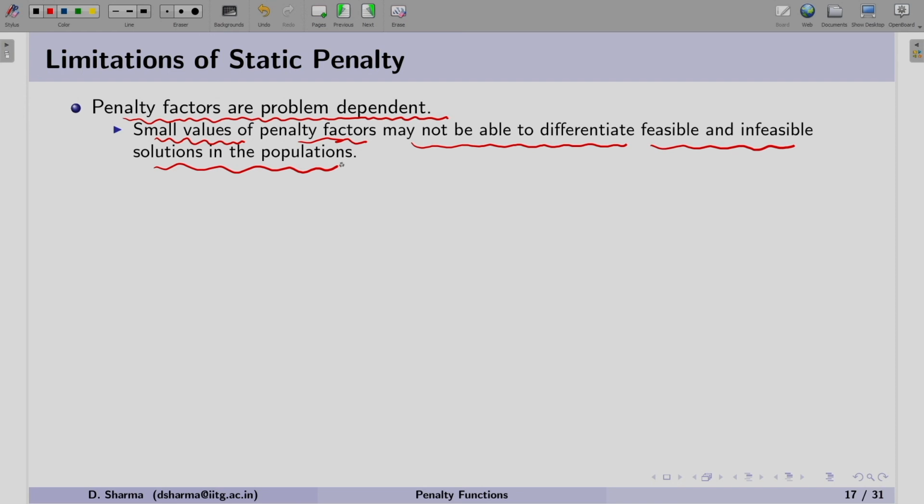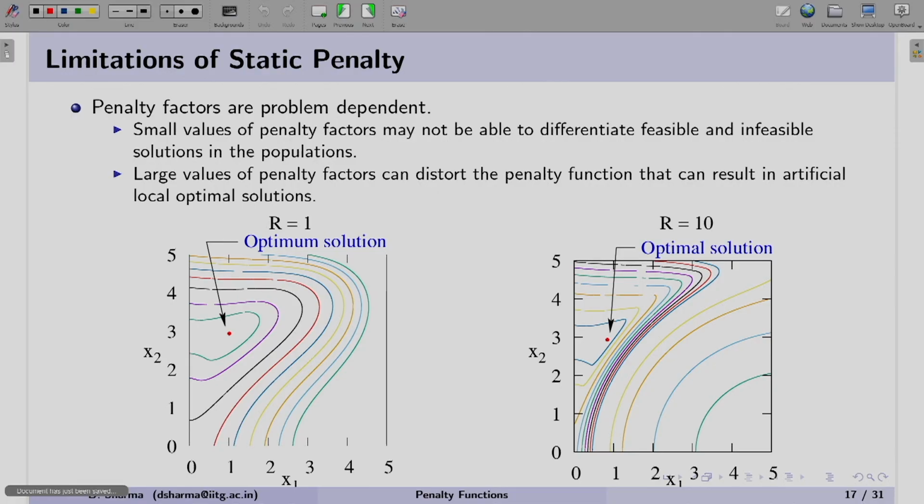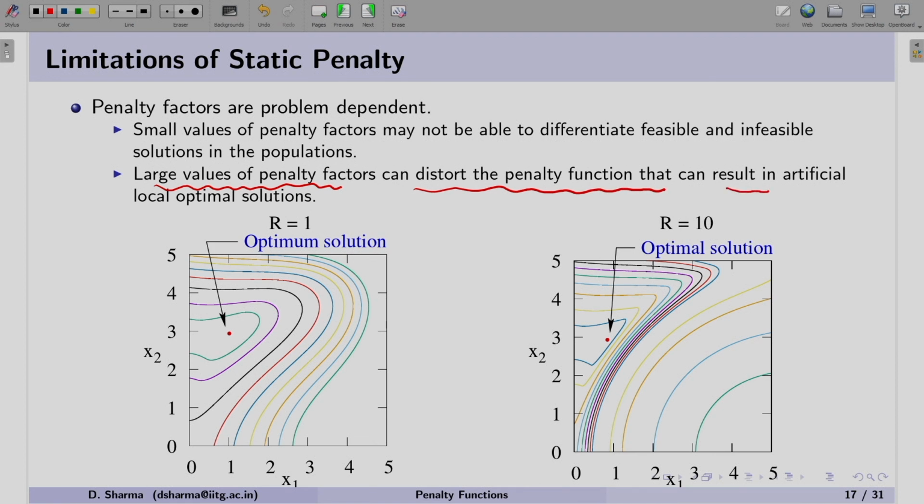Now, if the value of r is itself small, then with this penalty function method we cannot differentiate which is feasible and infeasible, and accordingly there will be no difference in the fitness assignment. However, a large value of the penalty factor can distort the penalty function, which can result in an artificial local optimum solution.